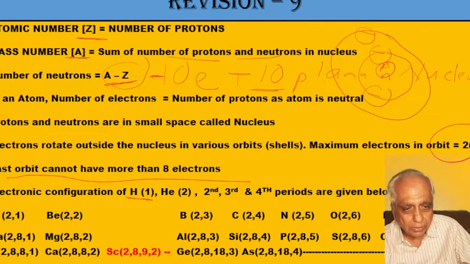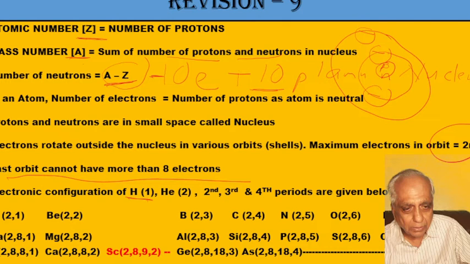Now the next electron will go here, so it becomes 2, 8, 9, 2. Then one more will come, and it becomes 2, 8, 10, 2. One more, and it becomes 2, 8, 11, 2. How long will this continue? Till this becomes 18, because my third orbit can have 18.